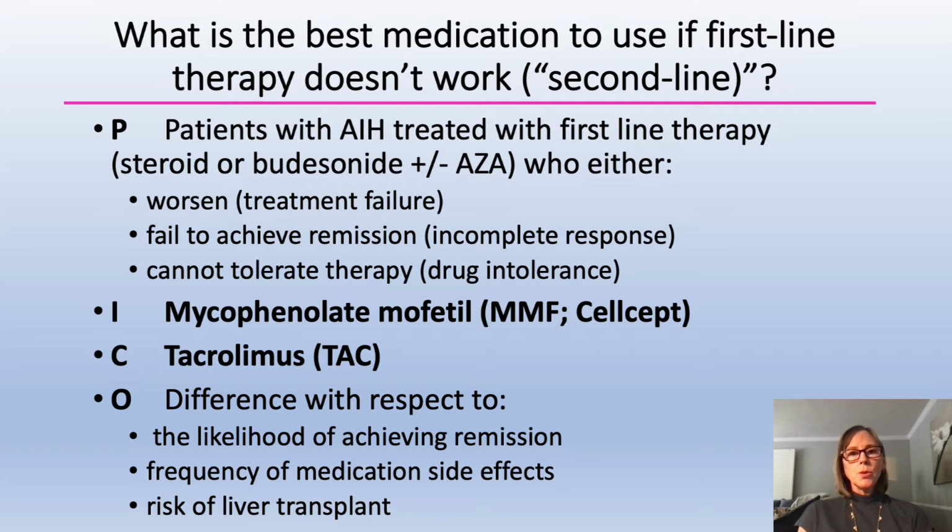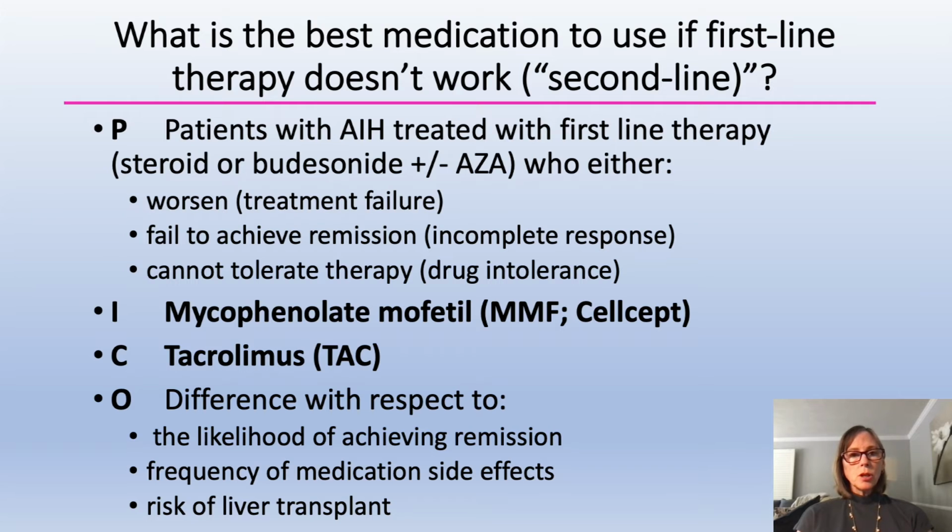Moving on to the second question, what is the best medication to use if first-line therapy doesn't work? And this is known as second-line therapy. The patient groups here are those with newly diagnosed autoimmune hepatitis that were treated with the first-line therapy, steroid or budesonide, who either worsened, and that's known as treatment failure. They failed to achieve remission, and that's known as an incomplete response, or they couldn't tolerate the azathioprine, and that's known as drug intolerance.